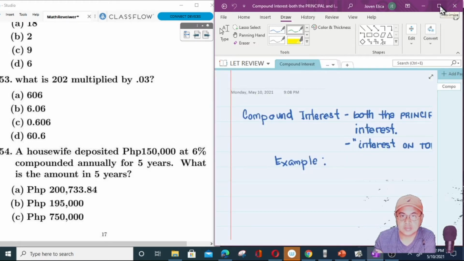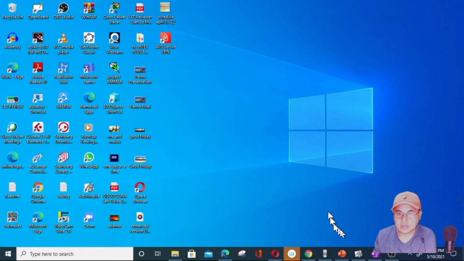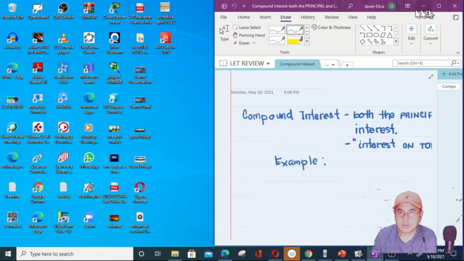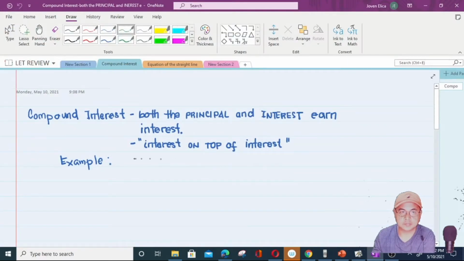Okay, let us have some discussion. In compound interest, both the principal and the interest earned earn interest.